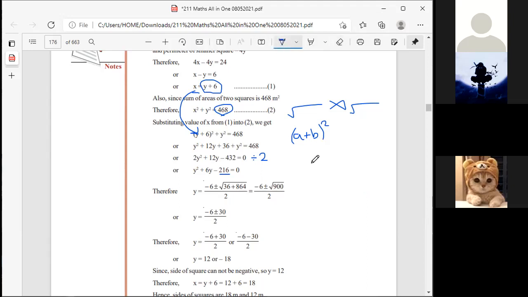The best thing that I will do is I'm going to write y square is equal to, and what I can do is I can take common outside first in the first two. Can I take y common outside in the first two? And then what can I get? Y plus 6. Correct? Minus 216.